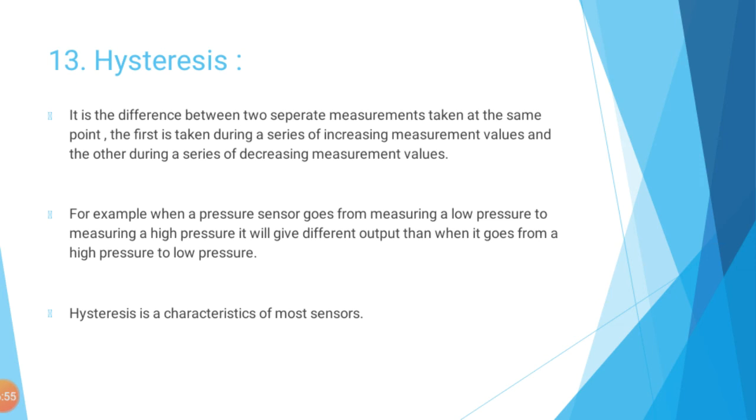Suppose we consider the example of a pressure sensor. When a pressure sensor goes from measuring a low pressure to measuring a high pressure, it will give a different output than when it goes from a high pressure to a low pressure. That means if we measure the pressure with the help of a pressure sensor, first from low pressure to high pressure, and after that from high to low, that means if we go in a reverse way, there is a difference in the output, and that difference is known as the hysteresis.